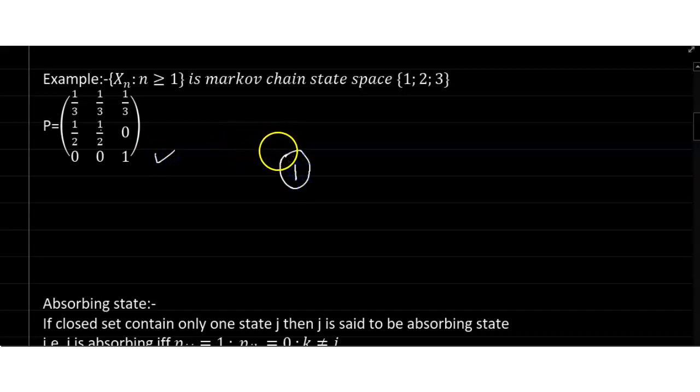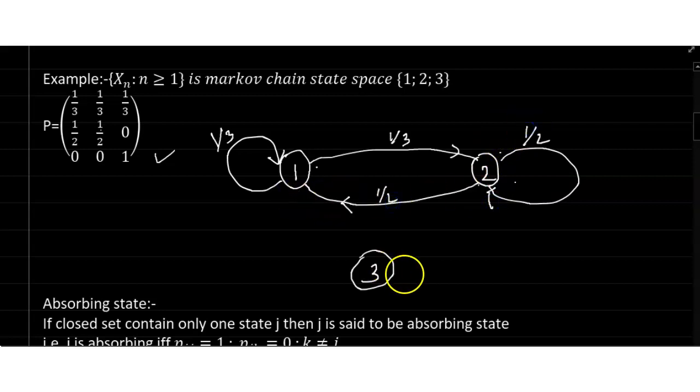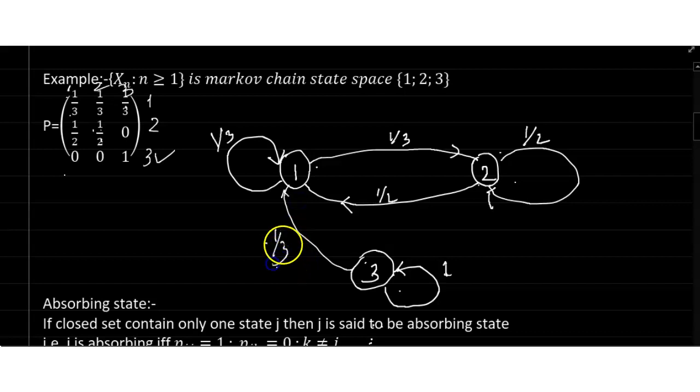The states are 1, 2, 3, with transition probabilities 1/3, 1/2, 1/3, 1/2 and 1/3. From 3 there is a path that is 1/3.